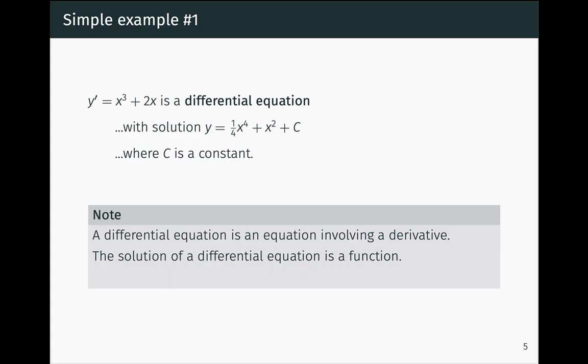Well, with a differential equation, our aim is to find the function that makes the equation work. And in the case above, it's a family of functions. There are infinitely many functions there, but they only differ by a constant.